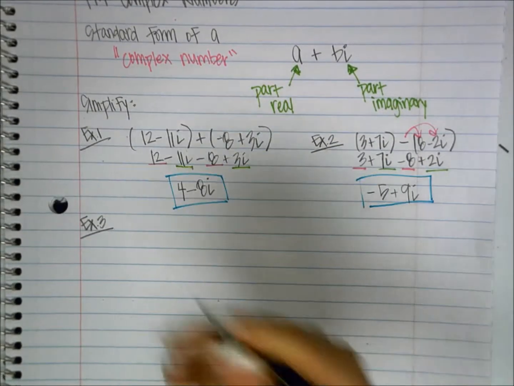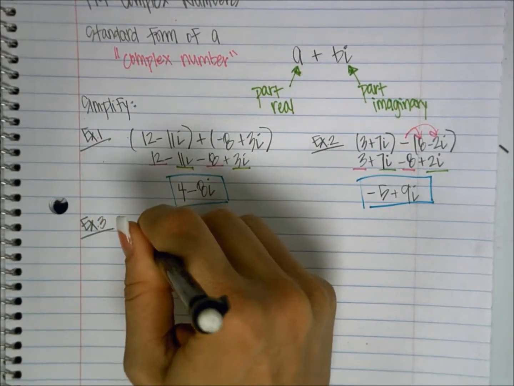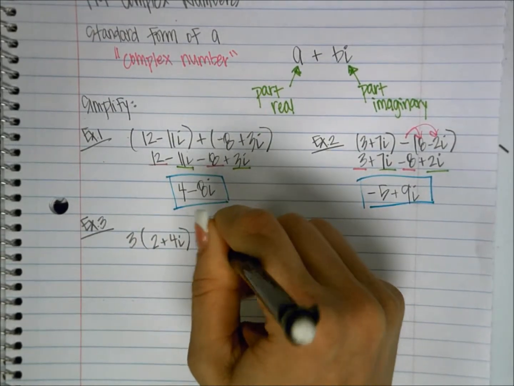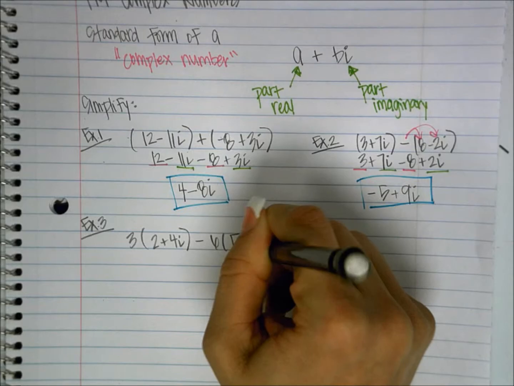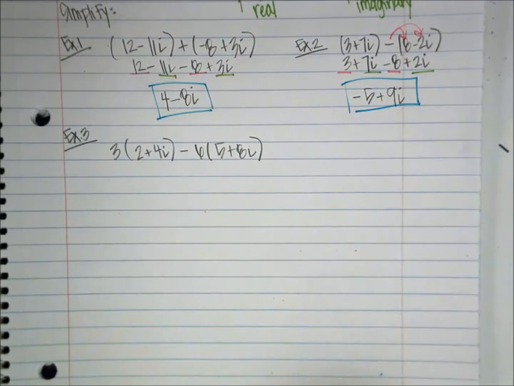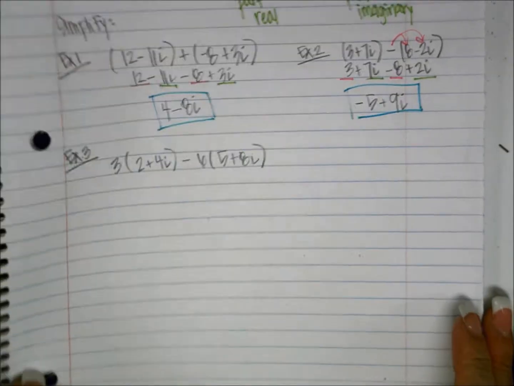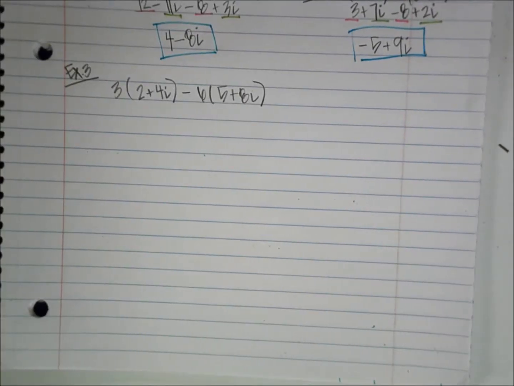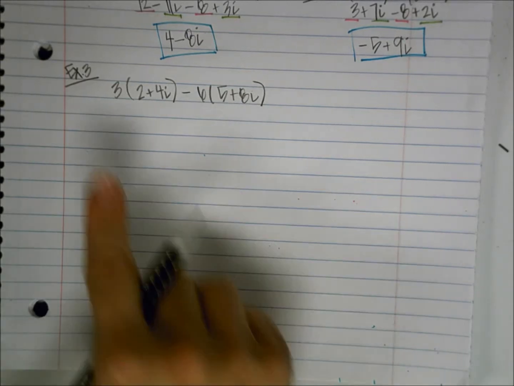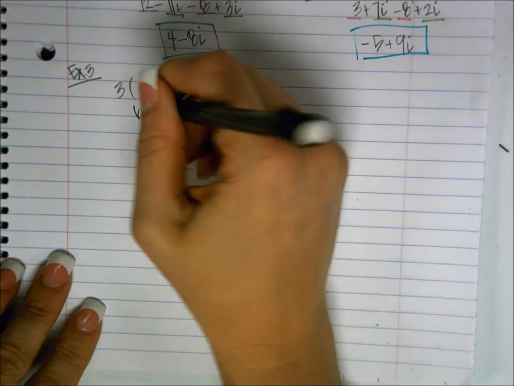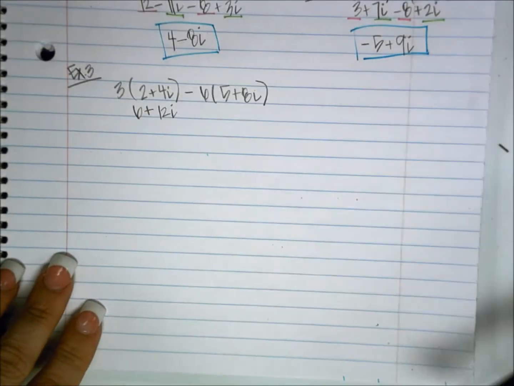For example, number 3, 3 times 2 plus 4i minus 6 times 5 plus 8i. So we distribute. 3 times 2 gives you 6, plus 3 times 4i is 12i.